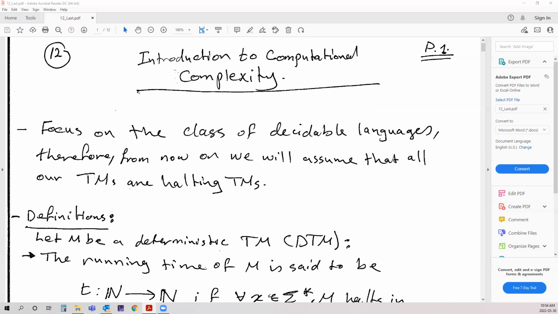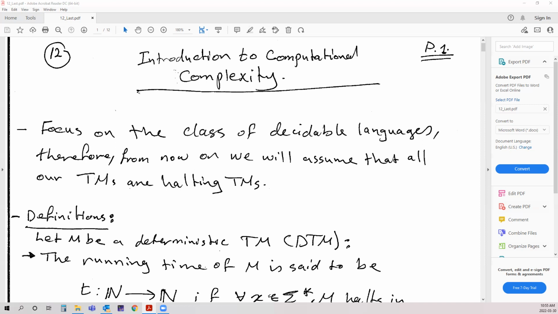So we talked in the previous weeks, two weeks, a week and a half, about computational complexity and what we mean by that. Focus on the class of decidable languages. Therefore, from now on, we will assume that all our Turing machines are halting TMs. What do we mean by halting?